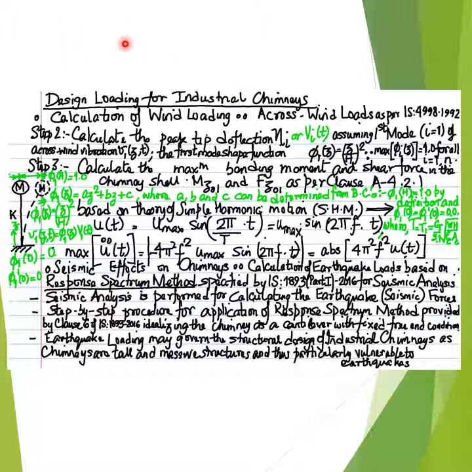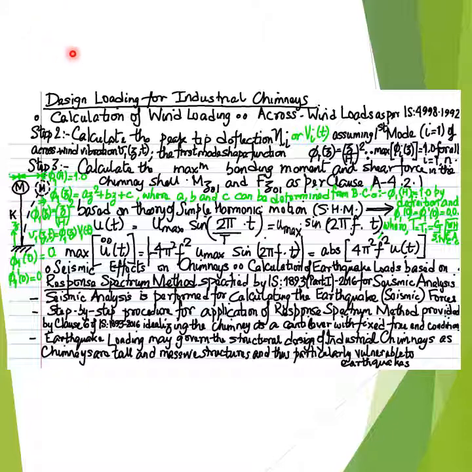In other words, for industrial chimneys with physical heights greater than 100 meters, the crosswind response due to the crosswind loading stipulated by IS 4998 Part 1, the Indian Standard Code of Design Practice for calculation of wind loads on circular cylindrical industrial chimneys, may be critical or predominant in governing the structural design of the chimney shell.